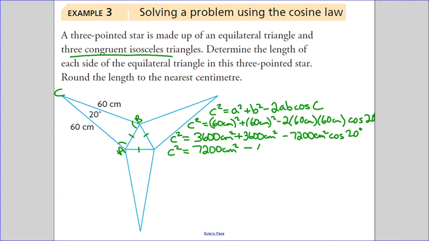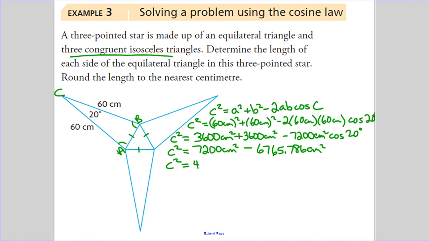And I get 6,765.786. And so I'm going to subtract those. So I get 7,200 minus 6,765.786 square centimeters.